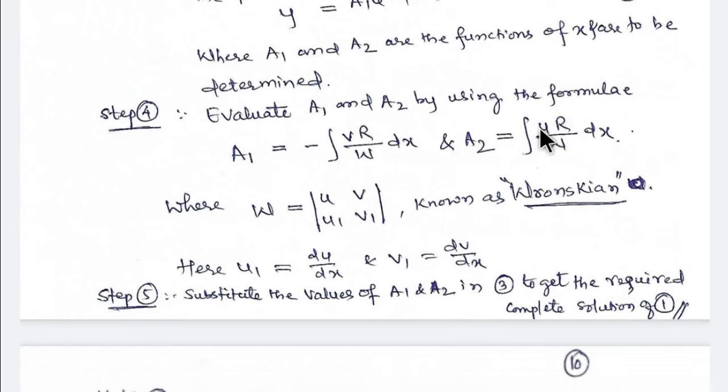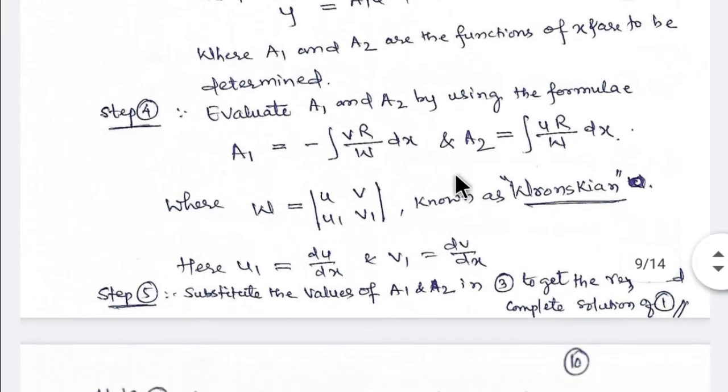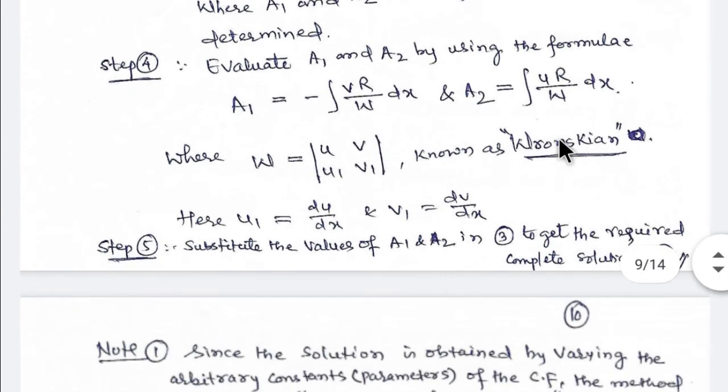By comparing, you get u and v, and then find W using u and v. This is called the Wronskian of u and v.